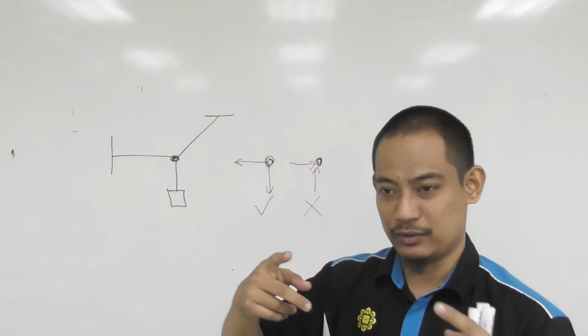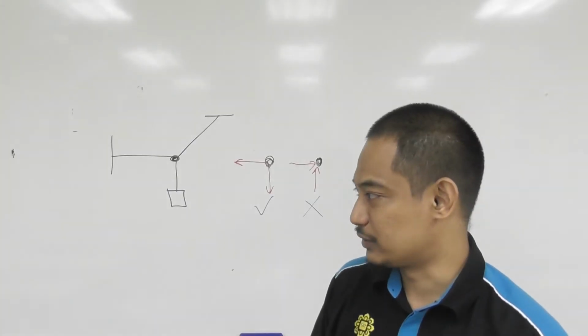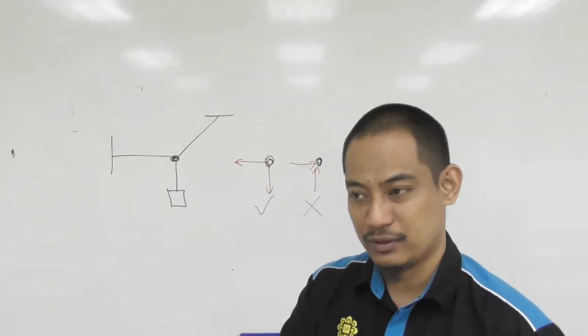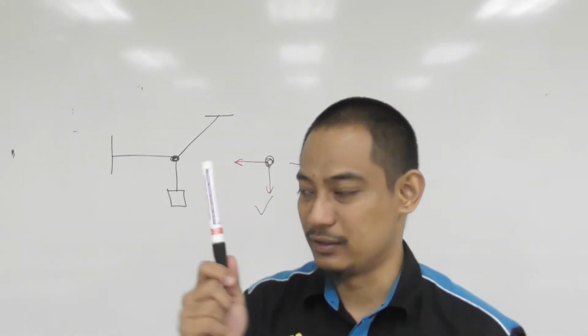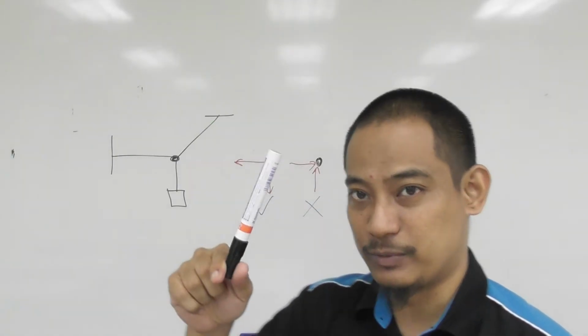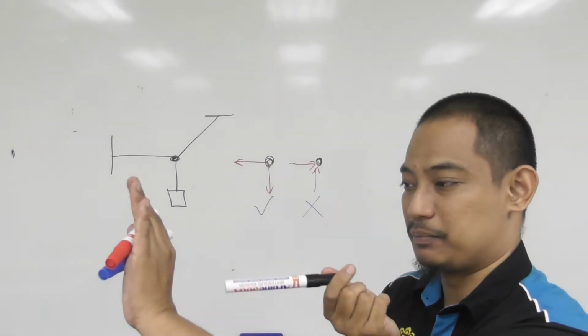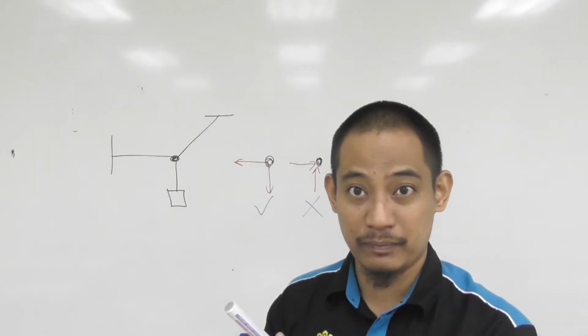A rigid object, I can push something, right? I can push it. But if this is actually a rope, I cannot.